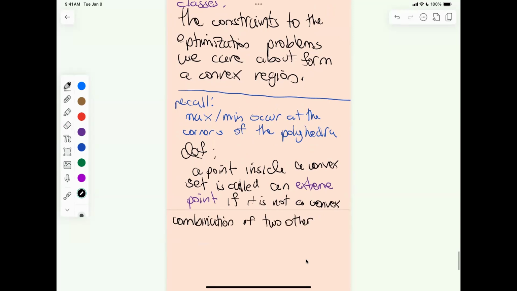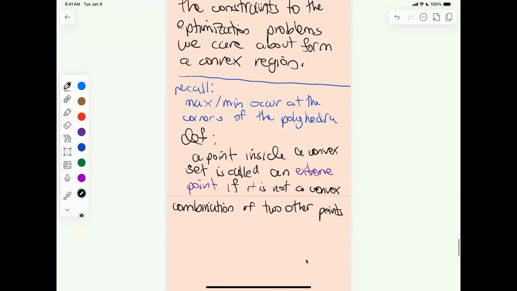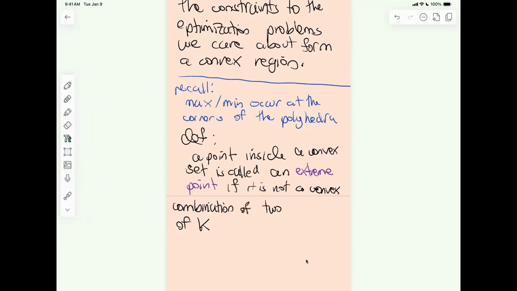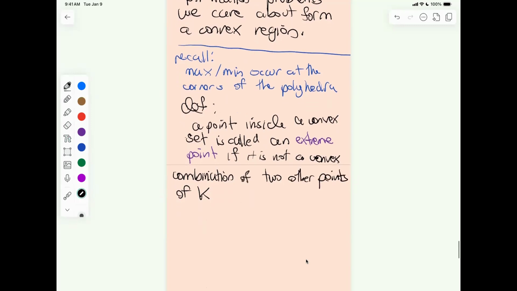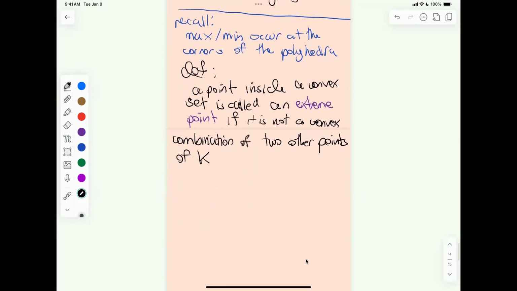So I'll draw a picture of what I mean, and I'll finish here. I'll do a non-example and an example first.